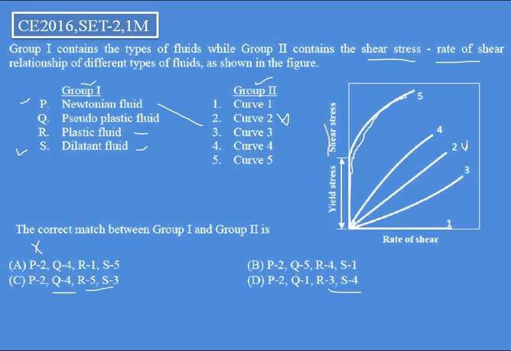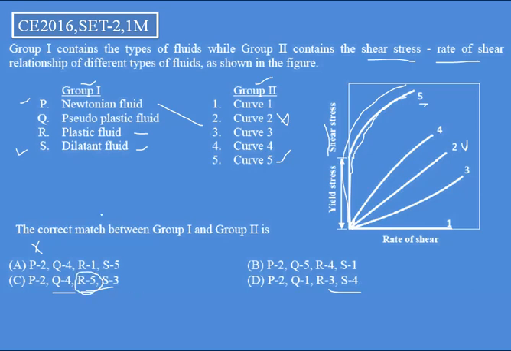That means shear stress is directly proportional to the rate of shear, but we require some yield stress for it. So the plastics will follow this curve, which is 5. So for R it is curve 5. So where is R5? Here we have the R5, right?